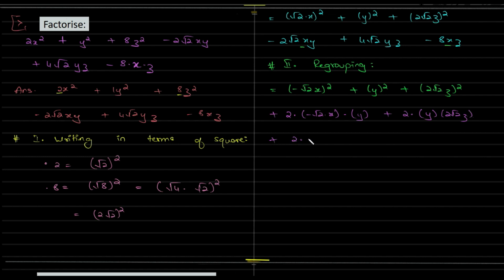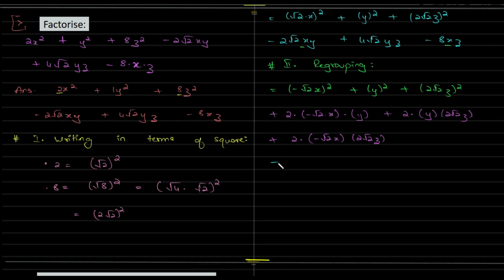Plus 2ac: plus into minus is minus, 2 into 2 is 4, root 2 into root 2 is 2, 4 into 2 is 8. Correct. z and x, z and x. And we have the right expression.